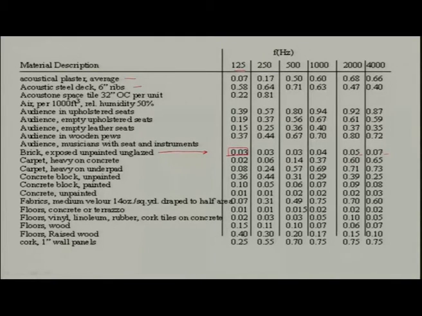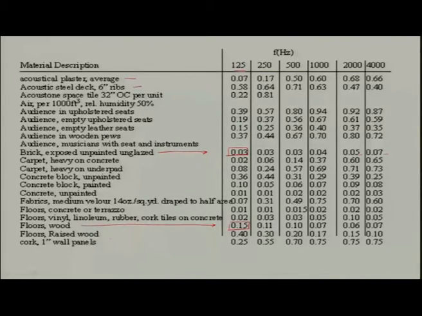Let us look at some other number. So, let us look at wooden floor. So, suppose you have floor which is made up of wood. Now, wood, it looks like, is very good in terms of absorbing sound energy at low frequencies. It absorbs about 15%, but as you go higher in the frequency, it absorbs less and less amount of energy. So, low frequency energy, wood is good at absorbing it, but at higher frequencies it has problems.